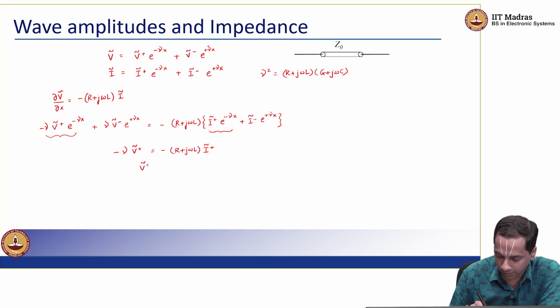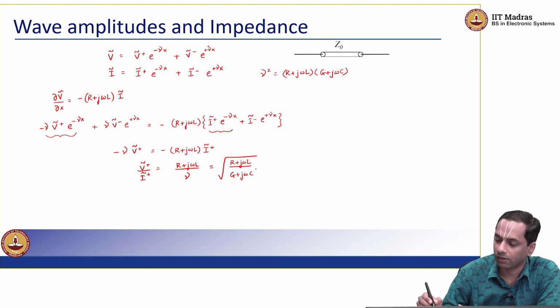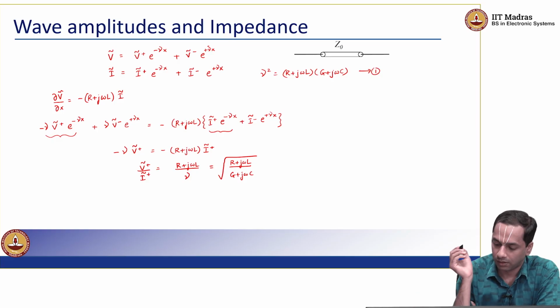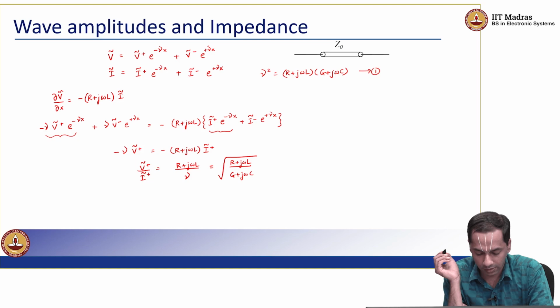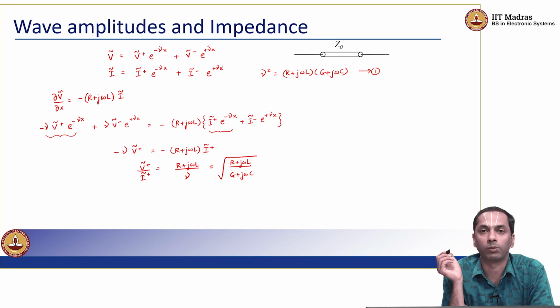So, V plus by I plus is essentially (r plus j omega L) by gamma, which you can write as, okay, using this relationship, you can get that V plus by I plus phasor is essentially square root of (r plus j omega L) divided by (g plus j omega c).